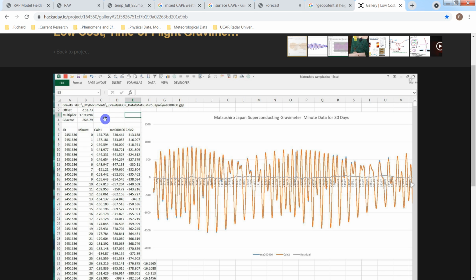That multiplier is like 1.19 for this one, which is close to that Lamb number that they get. The problem is the support network for the Earth tide models is soft. The groups kind of work together.